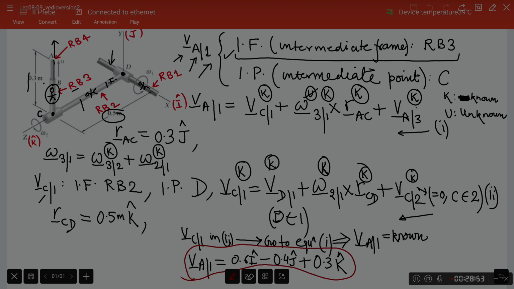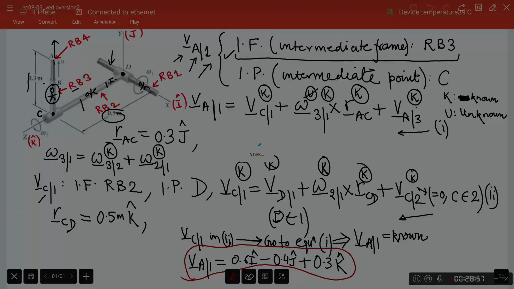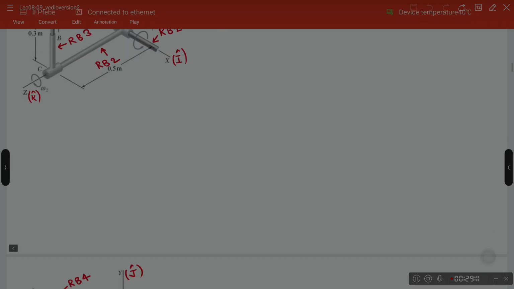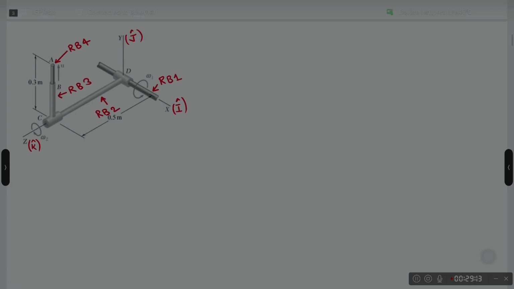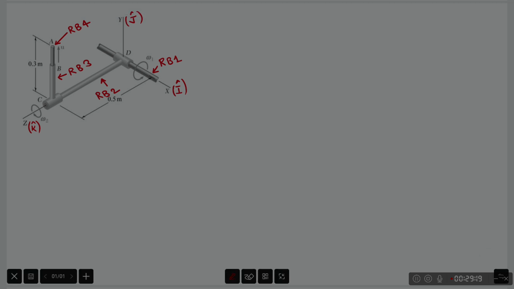This is the final answer. So the first part of the problem we have solved. Now let's move to the next part. The next part is to find the acceleration of A with respect to frame 1.